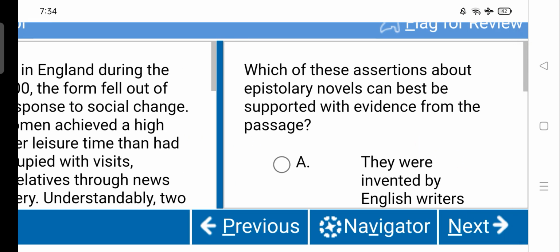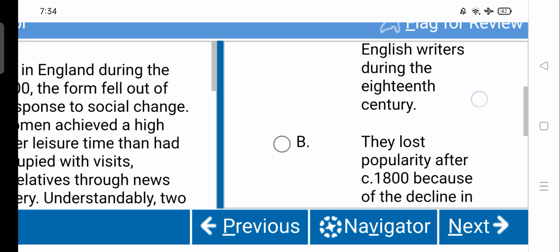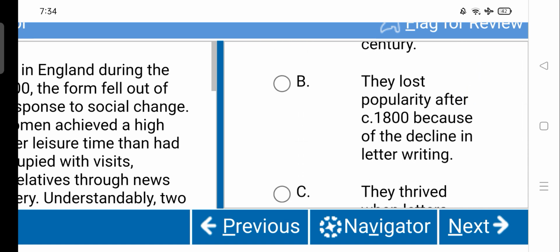Which of these assertions about epistolary novels can best be supported with evidence from the passage? Option A, they were invented by English writers during the 18th century. Option B, they lost popularity after c. 1800 because of the decline in letter writing.